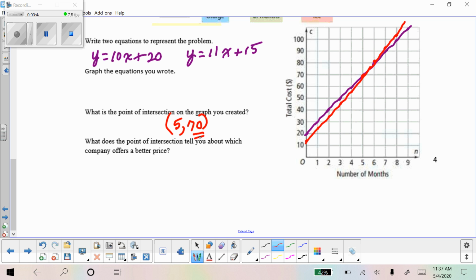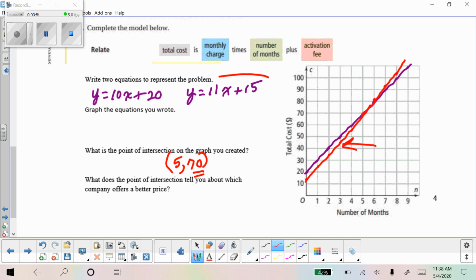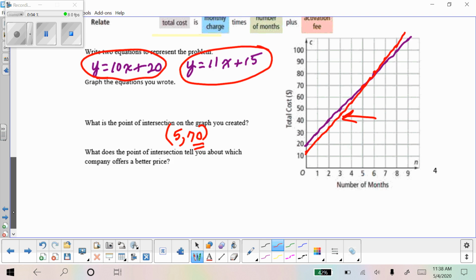So if you want the cheaper rate and you know you're going to go less than 5 months, then that would be this red line here, which is where you pay a little bit more but less up front. And if you are going to have this for over 5 months, then you want to go with the purple line, which is this one, because that's cheaper in the long run.